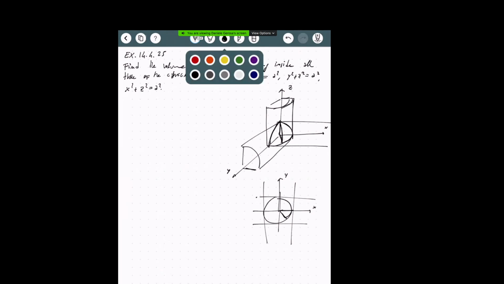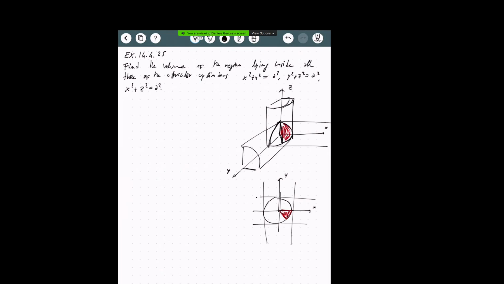Maybe we'll call it something like this. Well, one slice, but I want to use that slice because the final volume will be 1, 2, 3, 4, 5, 6, 7, 8, and then we have the below part, so it's going to be 16 times the volume of the red part.